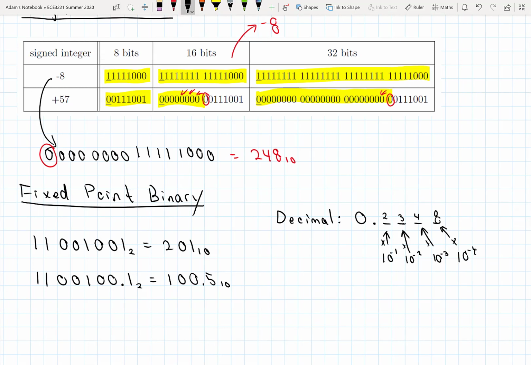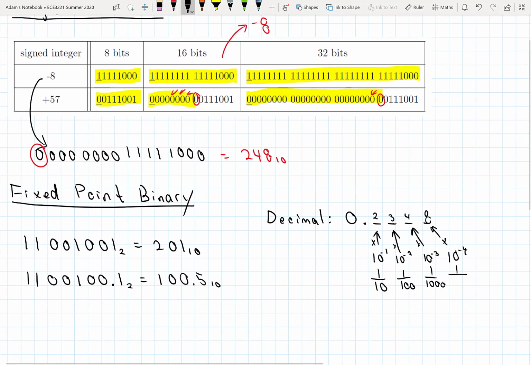If we think about what each of these represents, this is a value of 1/10, 1/100th, 1/1000th, and 1/10,000th. So we've dealt with decimals to the right of the decimal point in base 10 for some time. Maybe instead of calling this decimal, let me call this base 10 just to avoid any confusion.